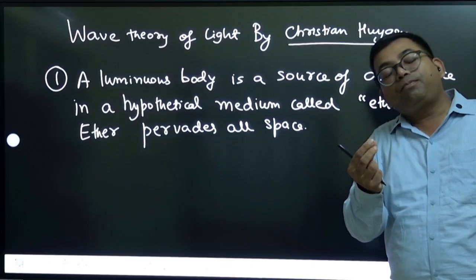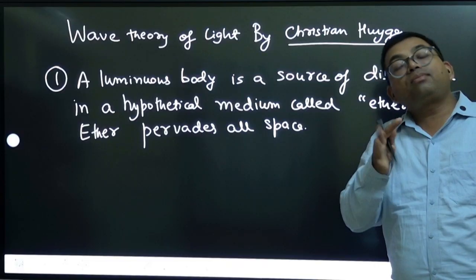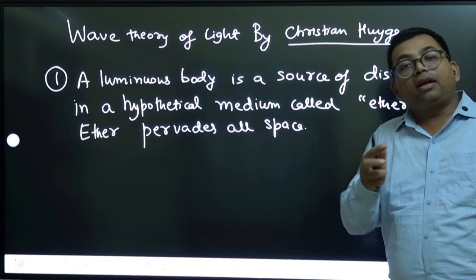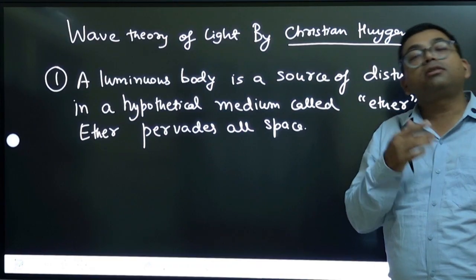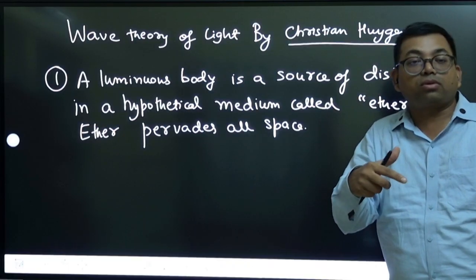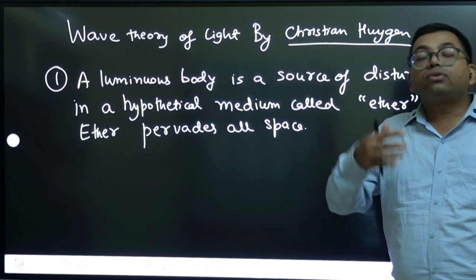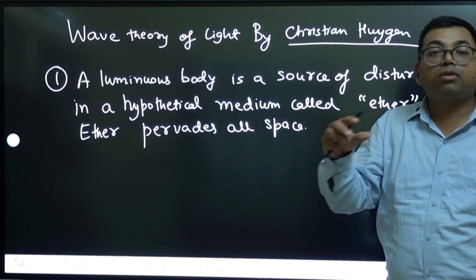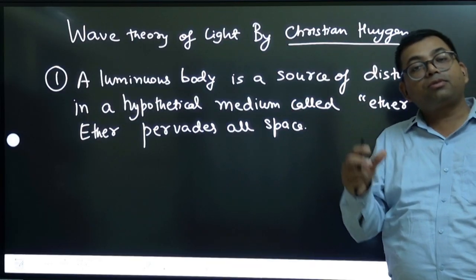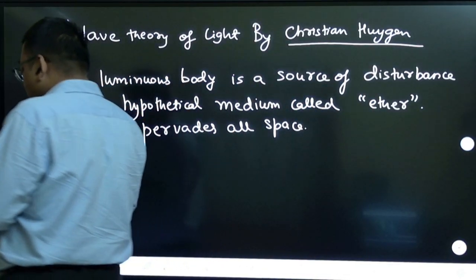And if there is an object which emits light, a luminous object, it will disturb that medium, and because of the disturbance of that medium, light will travel as a wave. So he is applying the concept of sound, because at that time people were understanding sound waves. He is borrowing that concept and applying it here.